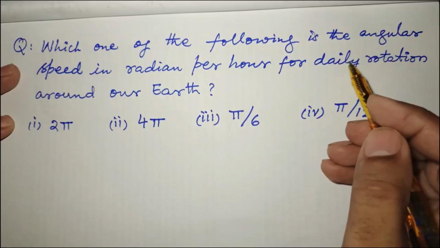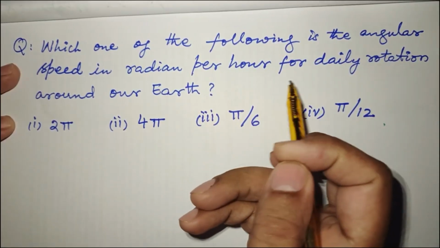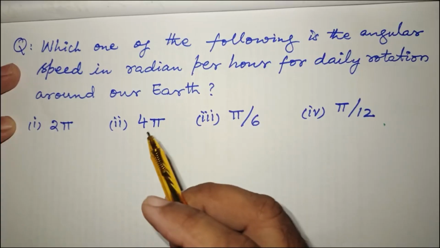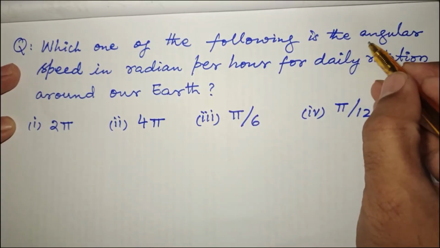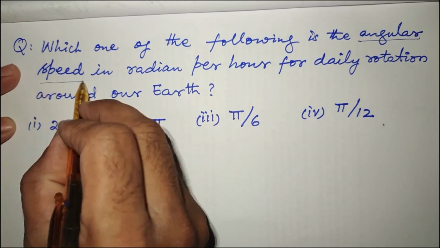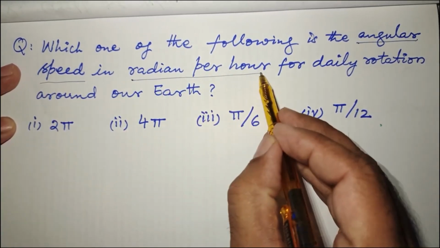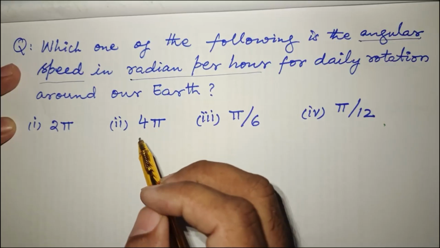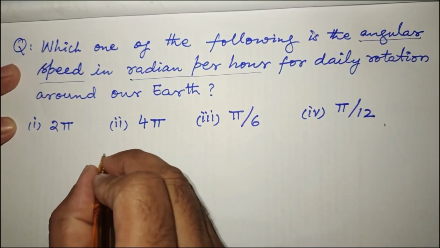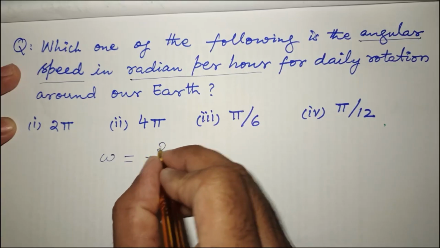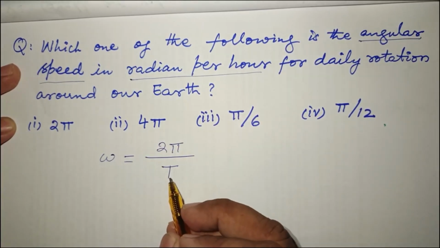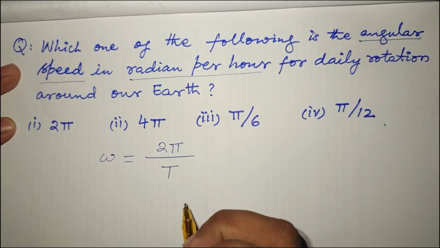Which one of the following is the angular speed in radian per hour for daily rotation of our earth? So what we have to find? We have to find out the angular speed in radian per hour for daily rotation of our earth. So the angular speed is given by omega equals 2 pi over T, where T is the time period, the time required to complete one cycle.